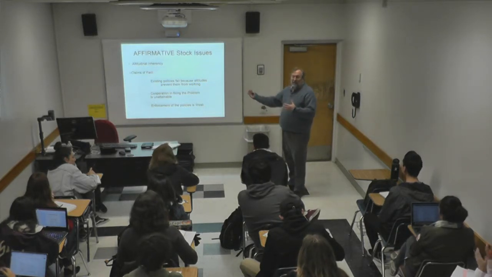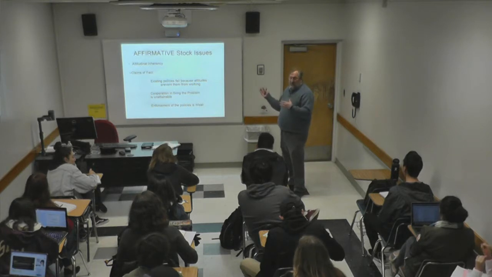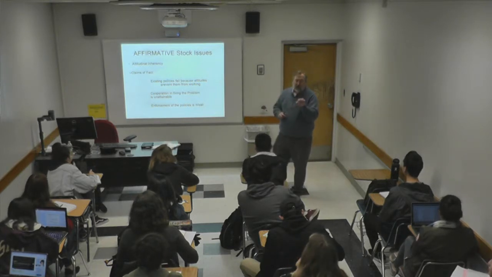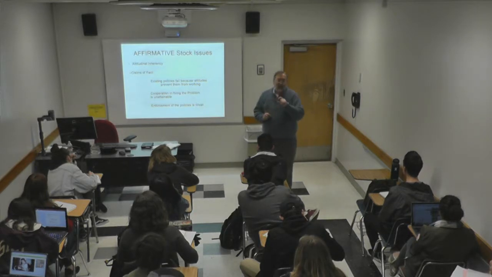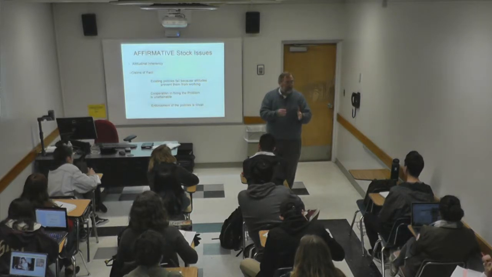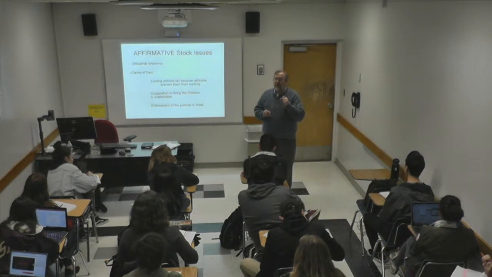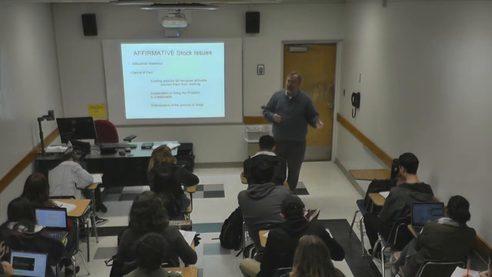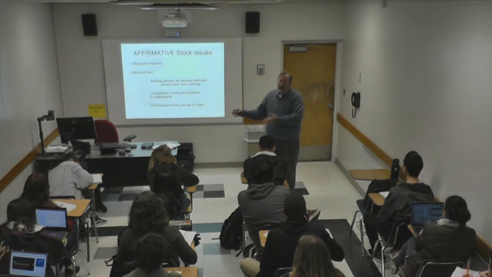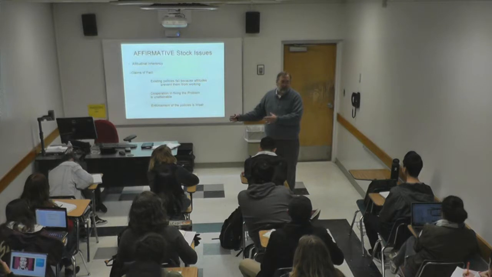Now, the negative responses to this, same sort of thing. You can do direct refutation. You can argue that the affirmative hasn't accurately described the present system. They've left out things that are designed to affect this. For instance, on Common Core, the affirmative is saying Common Core is being used as the primary means for teaching, and it's creating problems in the classroom for teachers and students that makes it harder for them to learn.